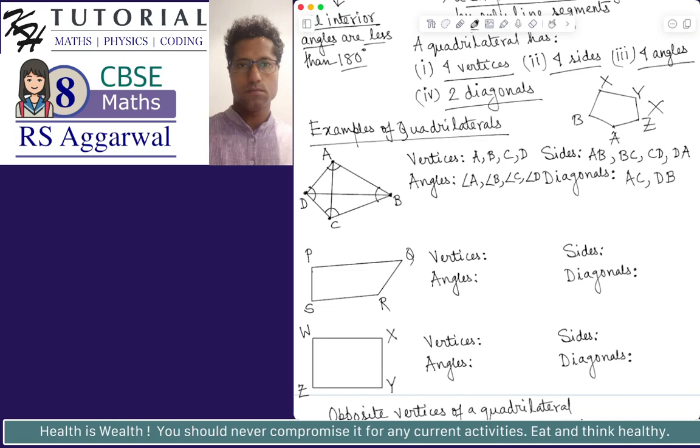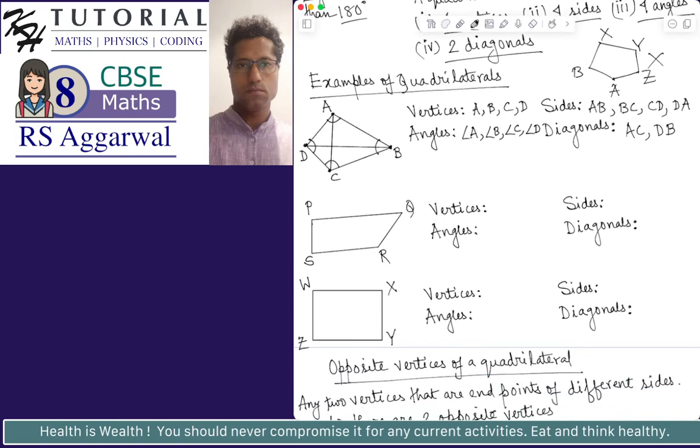Let's see for the second quadrilateral, what are the vertices? Obviously, the vertices are the corner points, that is P, Q, R and S. What are the sides? PQ, QR, RS and SP. And what are the angles?